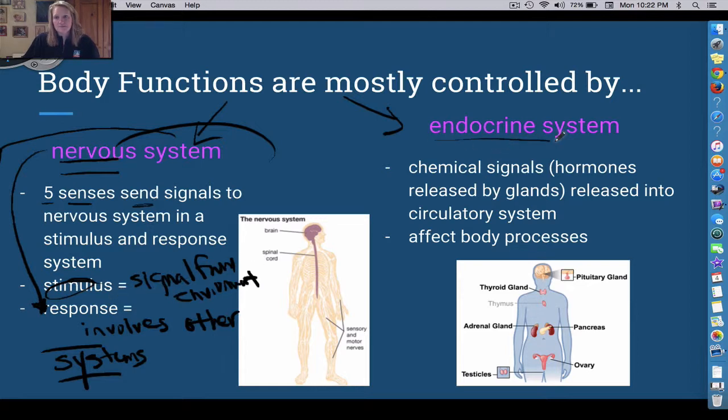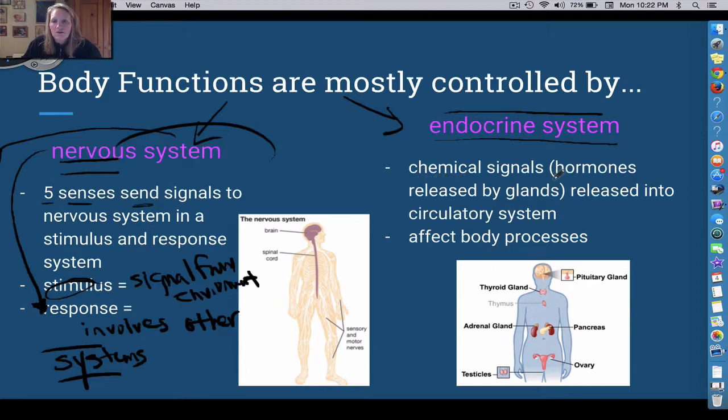The endocrine system is the other part of what's controlling what's going on in your body. It's the chemical signals. It's basically a whole bunch of glands. The endocrine system is made up of the pituitary gland, the thyroid gland, adrenal, pancreas, ovary, testes.